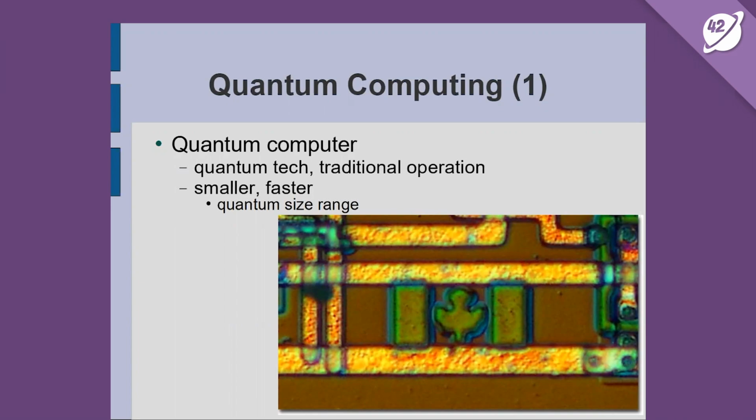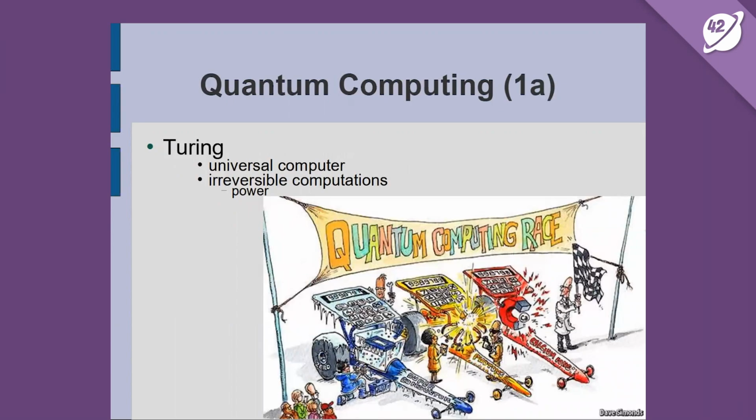So we're making chips and elements on the chips smaller and faster, and we're getting into the quantum size range where there are quantum effects in what we're doing with chips and traces and that sort of thing. And so, we need to address that.